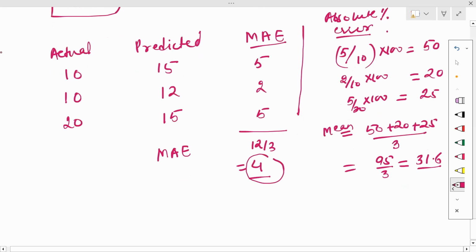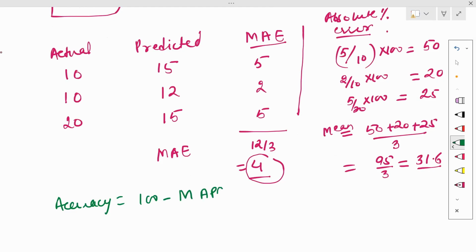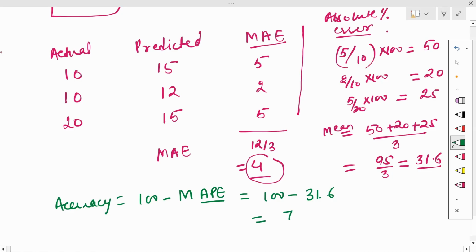So to generalize, if you want to tell how accurate your model is, accuracy will be 100 minus the mean absolute percentage error. In this case, it is 100 minus 31.6, which is around 70%.